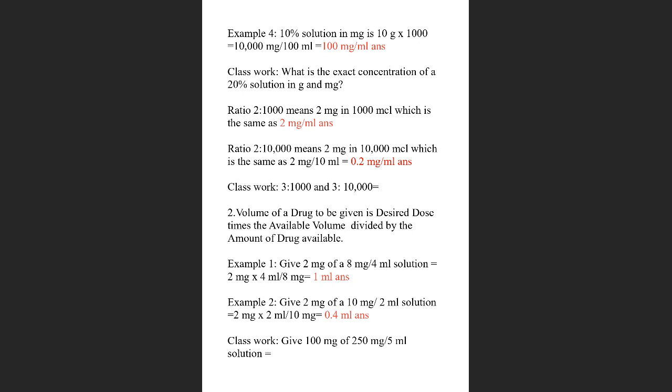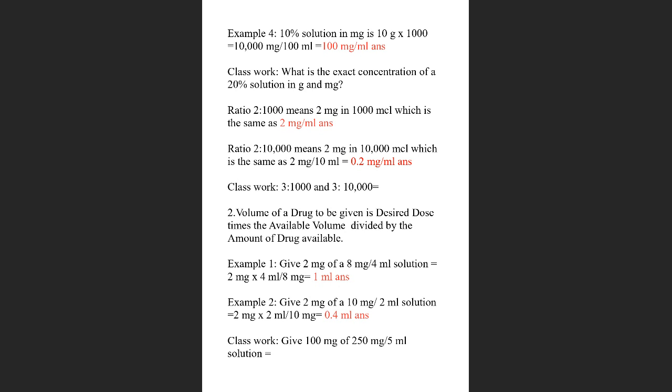So you have 4 mils of fluid that has 8 milligrams of a drug inside of it. We need to give 2 milligrams of that drug. So we need to work out how many mils we would pull up to give us that 2 milligrams.